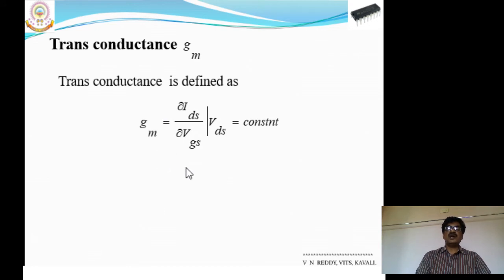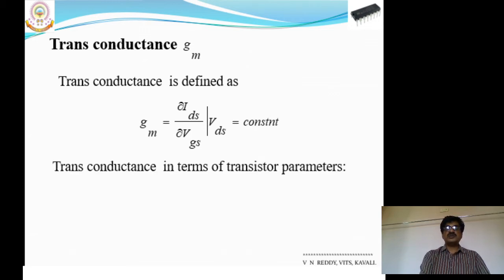And see, on which geometrical parameters the GM value depends. You know dou IDS equals dou Q by dou tau DS. That is, from the basic formula, current equals charge by time.